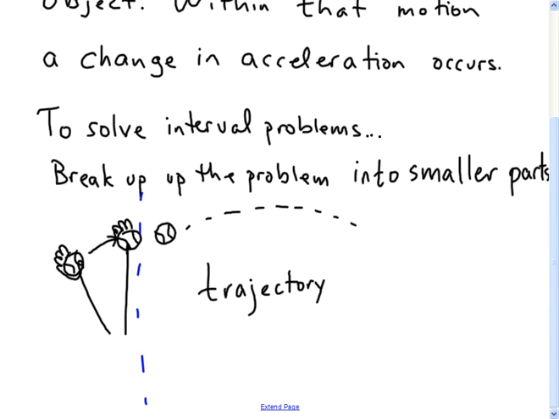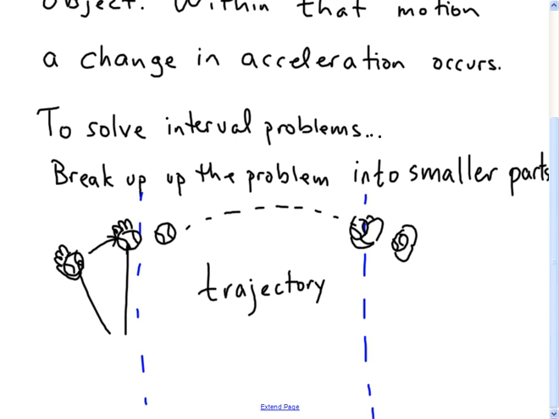Now, if that ball runs into somebody's hand, clearly the motion of the ball is different when it's in flight than when it's getting caught. So maybe it hits a catcher's mitt, and it's going to come to rest in his mitt. That motion won't take very long, but that would be the 3rd interval.